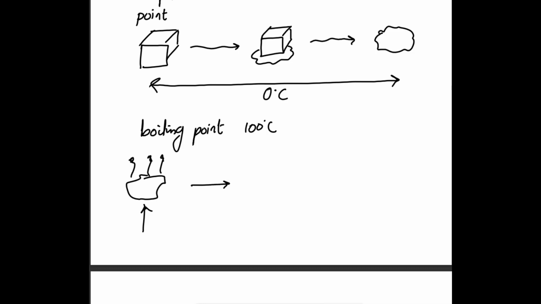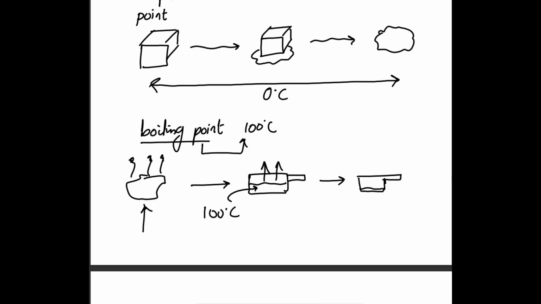This continues until all of the water in the pan has boiled and there is nothing left in the pan. During this whole process, the temperature of the liquid remains 100 degrees centigrade, of course, right? That is why we call this a boiling point. It's happening at a specific temperature.